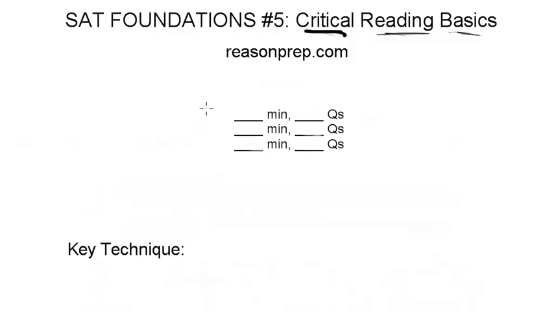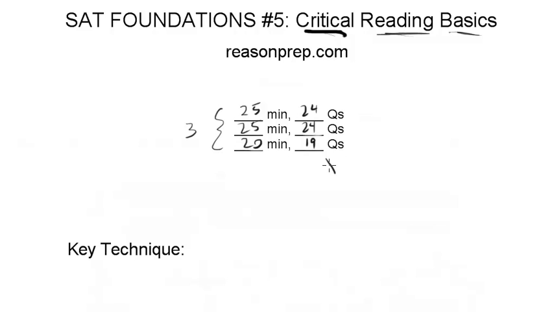So first off, let's start with a discussion of how long is the reading section, what can you expect. So the breakdown of the sections are three, as you might have expected from one of the earlier videos. You've got two 25-minute, 24-question sections, and you've got one 20-minute, 19-question section.